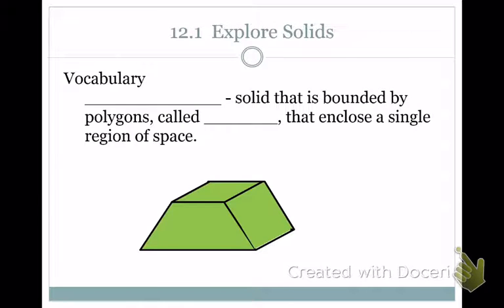Vocabulary. A polyhedron is a solid that is bounded by polygons called faces. Okay? So the side of one of these shapes is a face. They enclose a region of space. This face is a rectangle, this face is a trapezoid, and so on.